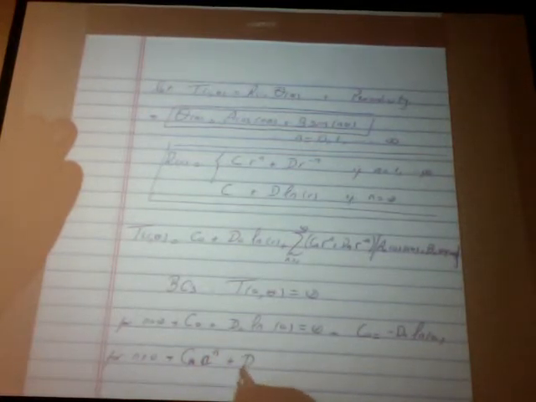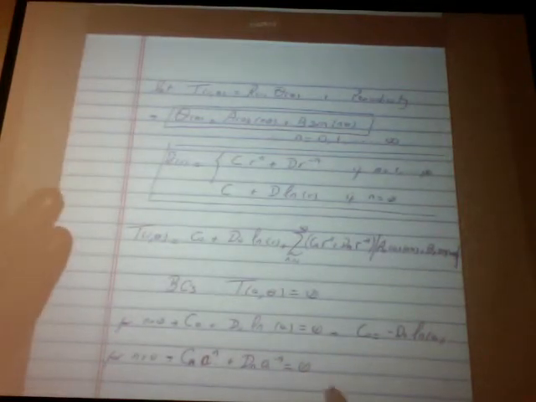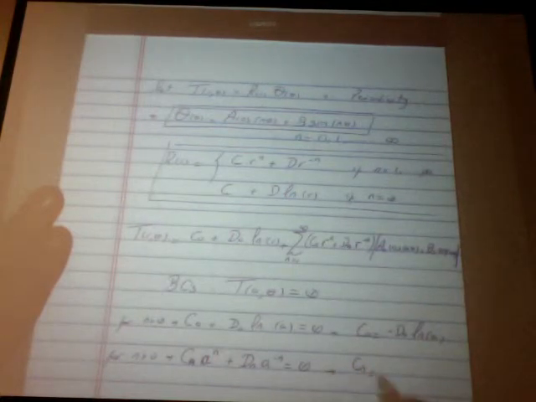That comes from here, when n is equal to 0. Now for n greater than 0, we have Cn times a to the n plus Dn times a to the minus n is equal to 0.